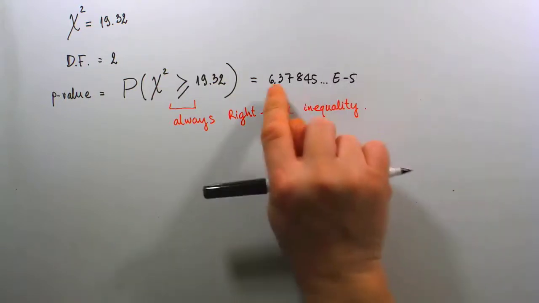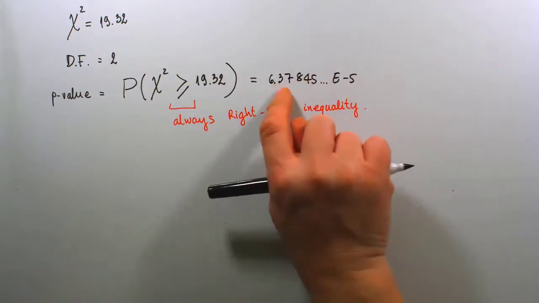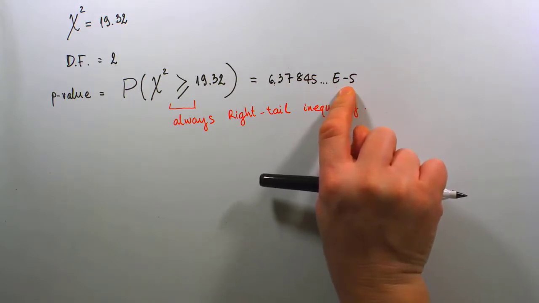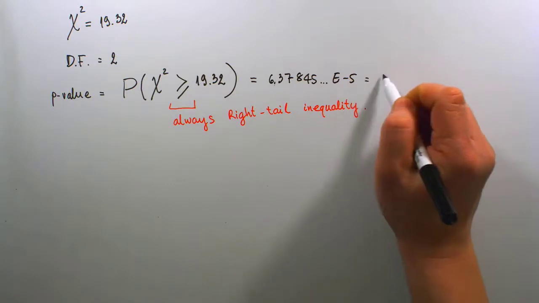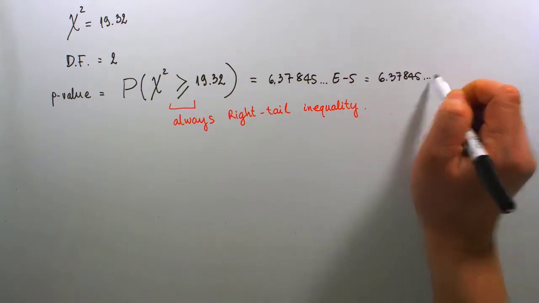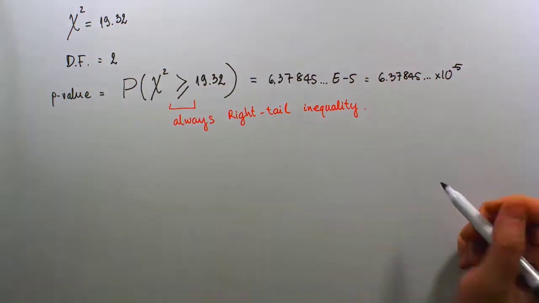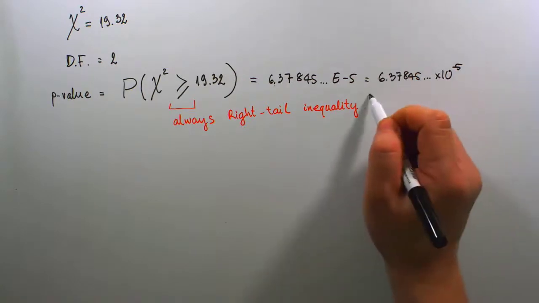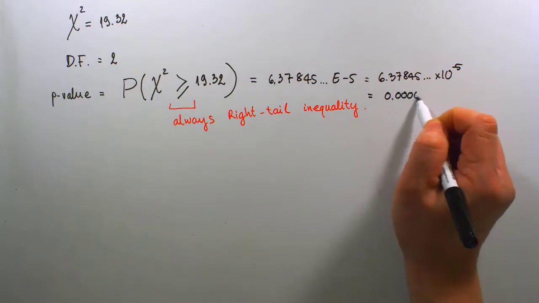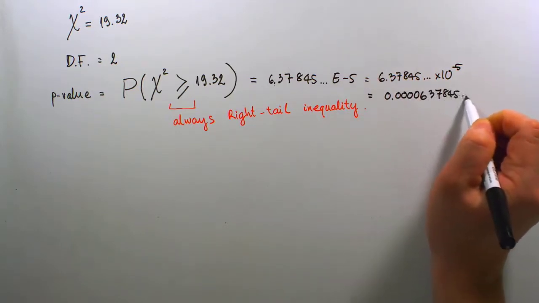I have discussed this before in an earlier video lecture, but I can mention again that this notation is the way the TI-83 and 84 calculator expresses it, but it means 6.37845 and a lot longer, times 10 to the negative 5. And so in the end, our final answer in decimal is 0.0000, 4 zeros and a 6, 37845 and a lot longer.